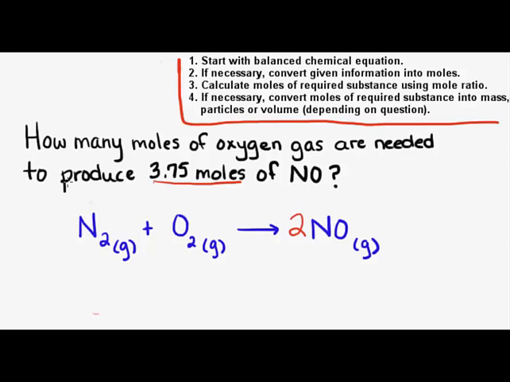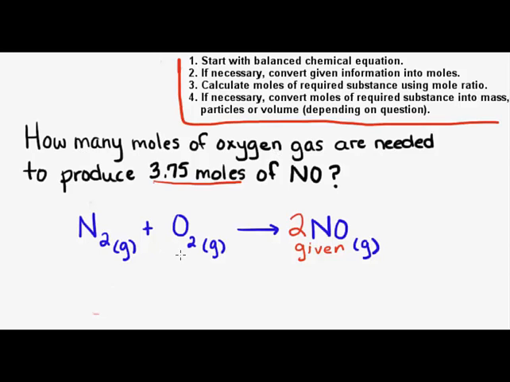Well, we've already kind of mentioned that we're given data for nitrogen monoxide, so that would make nitrogen monoxide the given substance. So I'm actually going to write that down right underneath nitrogen monoxide on the reaction. So it's the given. And if we read our question again, it's asking how many moles of oxygen gas are needed.